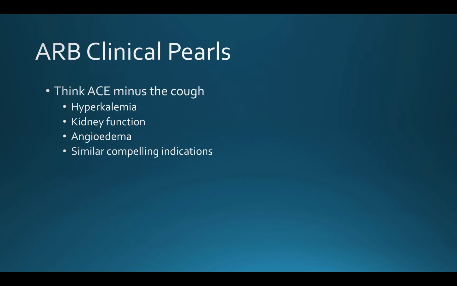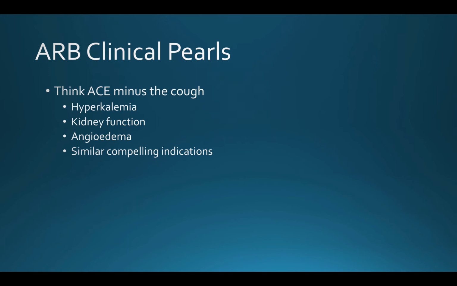ACEs and ARBs, extremely, extremely similar. They work the same way, on the same pathway. They just work at the binding site, the ARBs do, where they prevent binding of angiotensin to its site, which causes vasoconstriction. And so that ultimately leads to lower blood pressure. So think ACE inhibitor minus the cough. ARBs tend to not cause that cough as much.